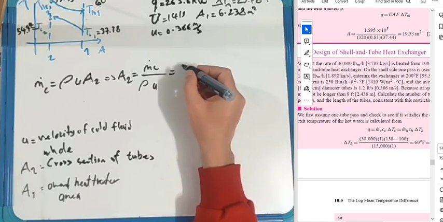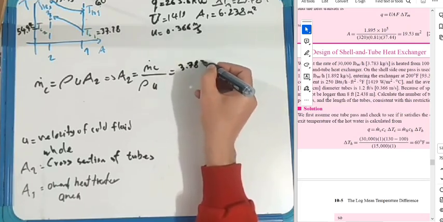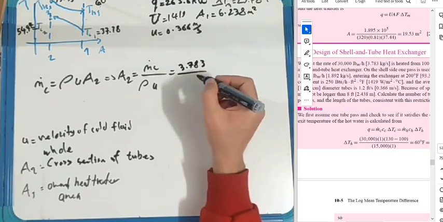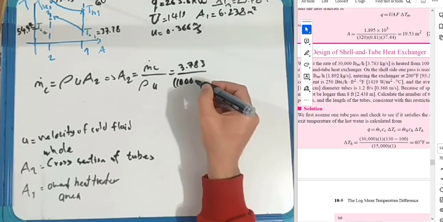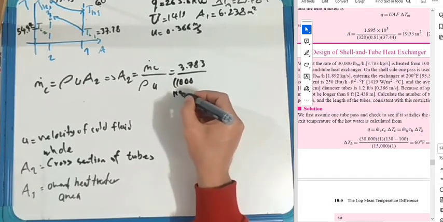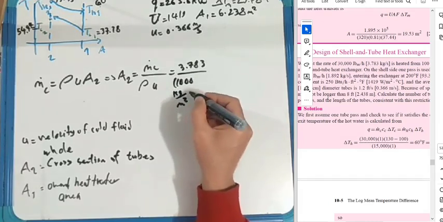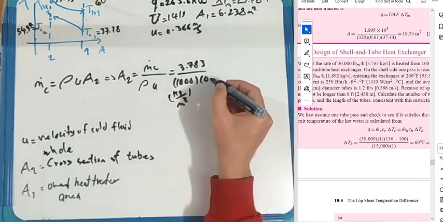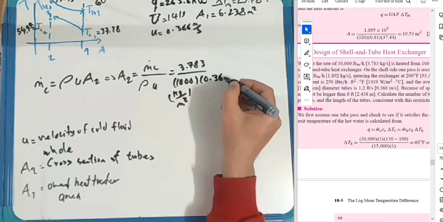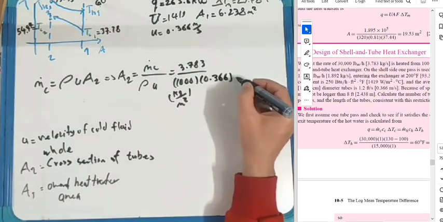A2 would be 3.783, and rho is 1000 kilogram per cubic meter for cold water, and velocity in meters per second.